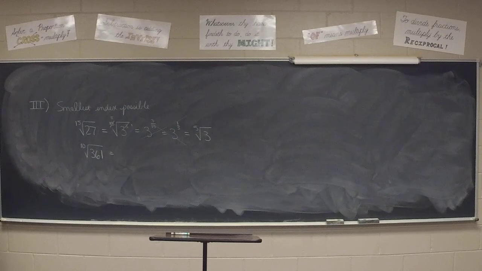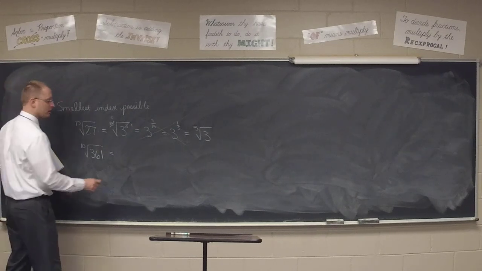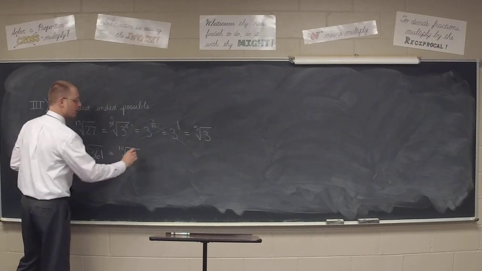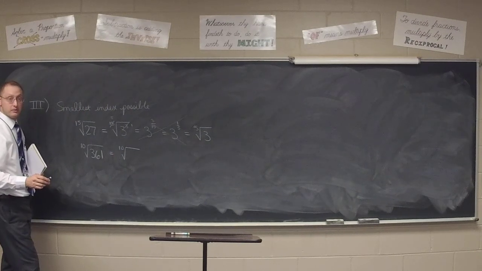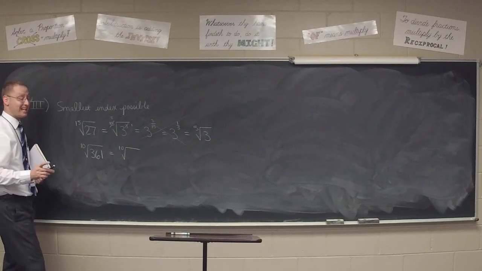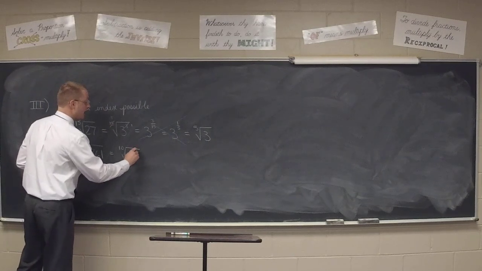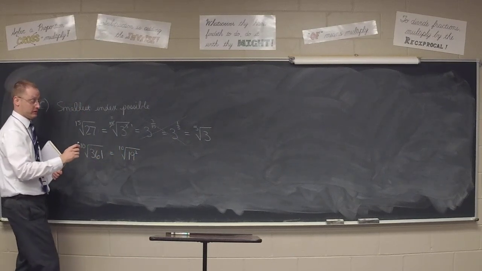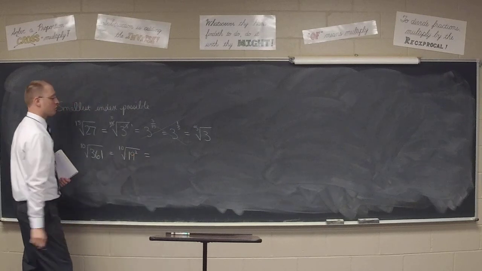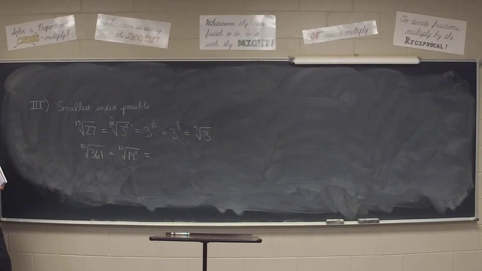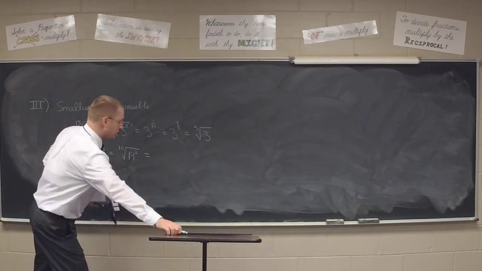Now 361 is a special number. What is it, class? It's 19 squared, and we should have that one memorized. So what I'm going to do, class, is look at my little numbers. Stay with me.